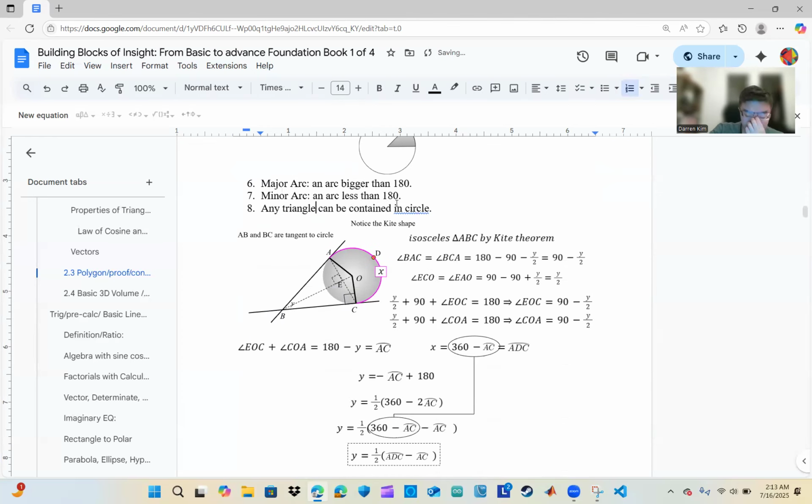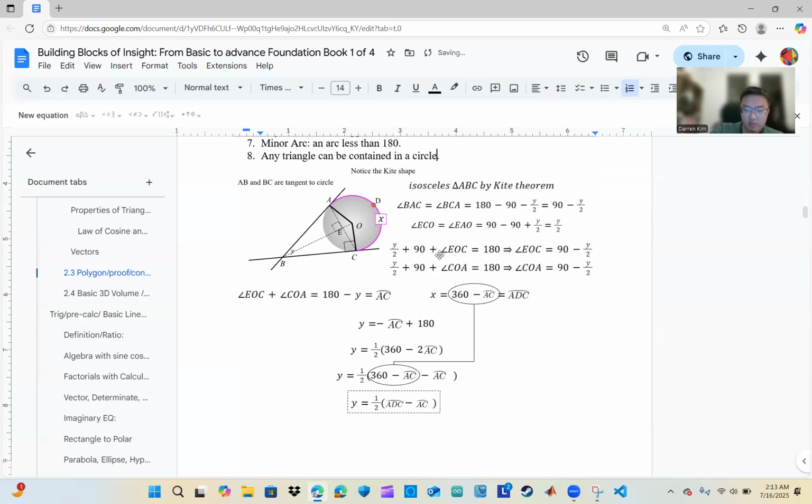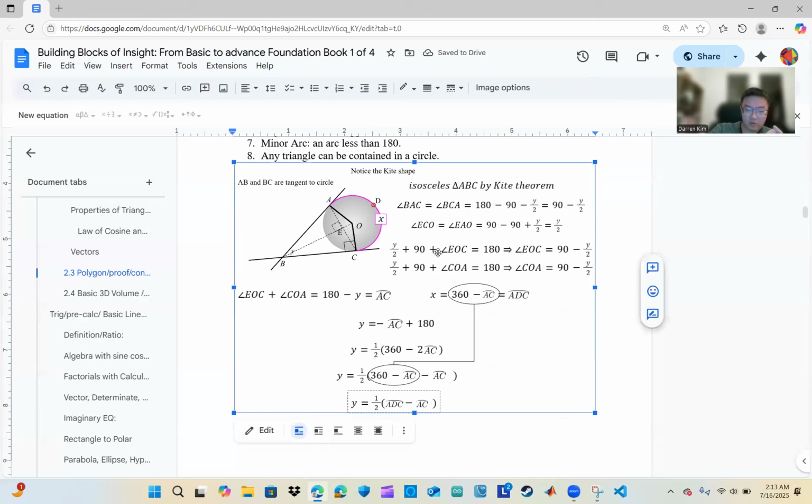Now, fun fact, any triangle can be captured in a circle. Anyways, here's where we start another thing. So we're gonna say A and B and C, and B or BC, when now we're going to form a kite with this. Over here we have a kite, and from that you can always figure out that.